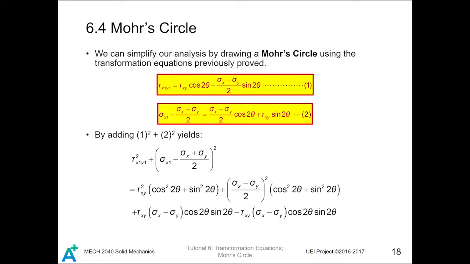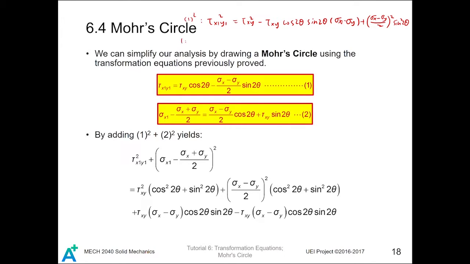Then for equation 1, you will get tau x1y1 squared equals tau xy squared, tau xy cosine 2 theta sine 2 theta sigma x minus sigma y plus sigma x minus sigma y divided by 2 squared sine squared 2 theta. Okay, this is 1 squared.